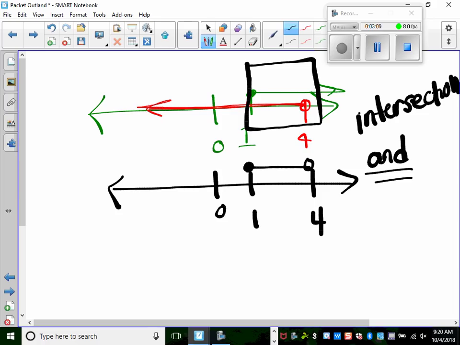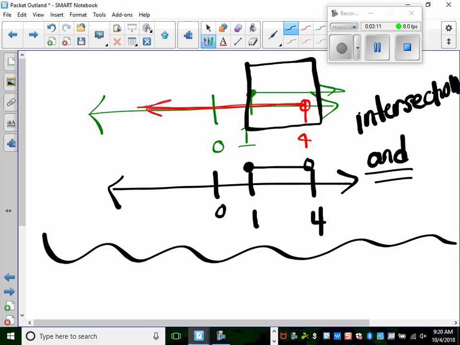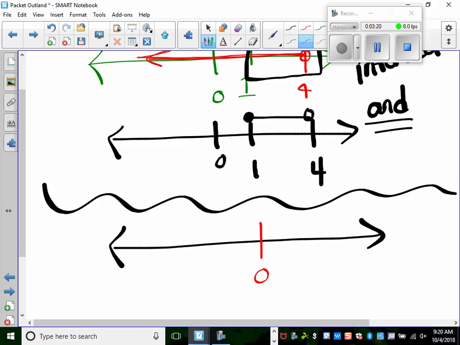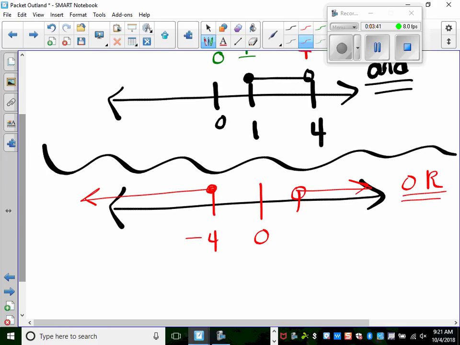Now, if you have an "or" problem, let me show you what that will look like on a graph. A lot of times, "or"s can go in the same direction, or they can go in opposite directions. So you might have something like this. One is going in this direction, and let's say we get -4, and that's going in this direction. See how they're not even going to intersect? This would be considered an "or" problem. Now, can they go in the same direction? Absolutely.